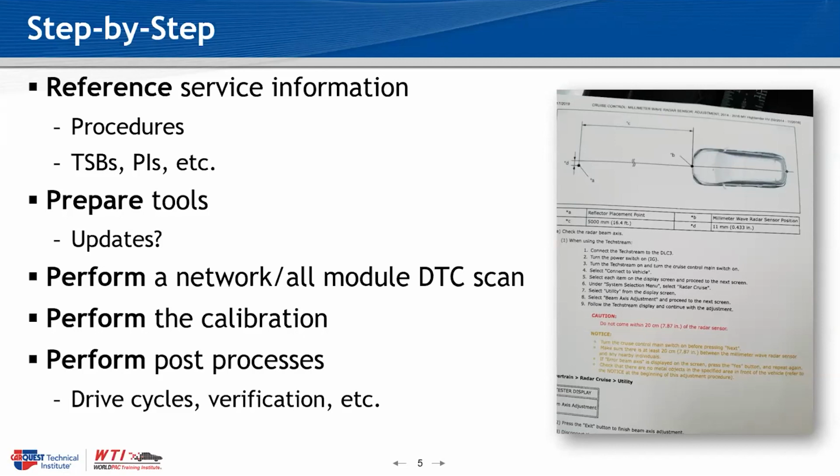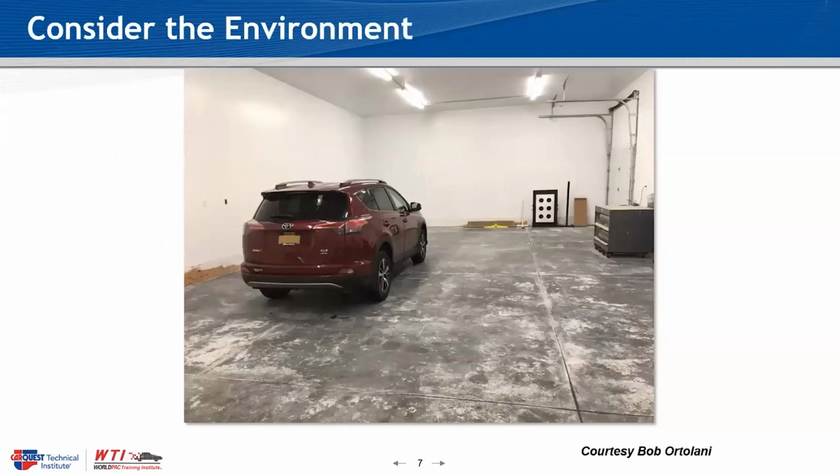So if you guys start to think about in your shops, do you have 16 feet clearance? Maybe if you move the vehicle all the way back. So there's lots of measurements out there. This picture was submitted by Bob, and I believe this is an area he's designated to set up as a calibration area.